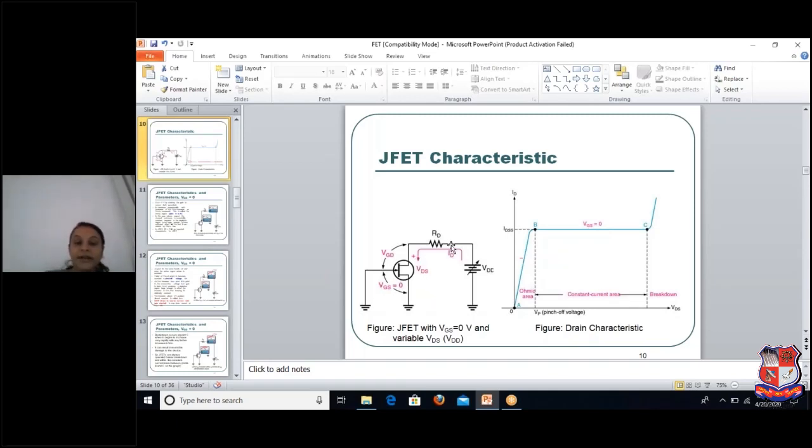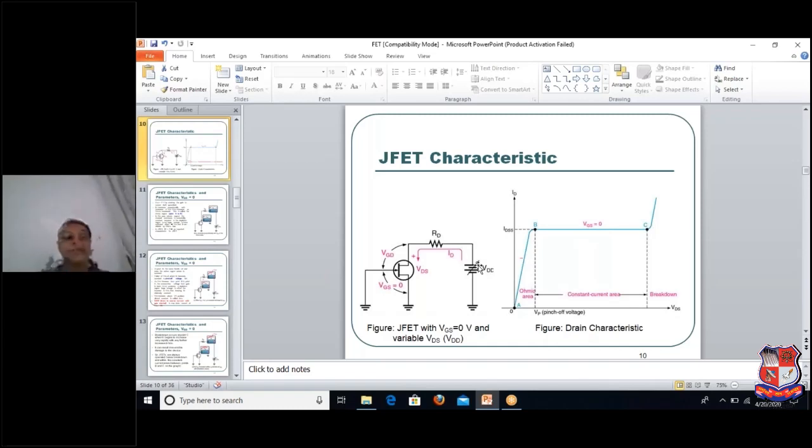Now here we put one battery, which is in between drain and the source. Battery means variable voltage, or you can use the power supply, right?